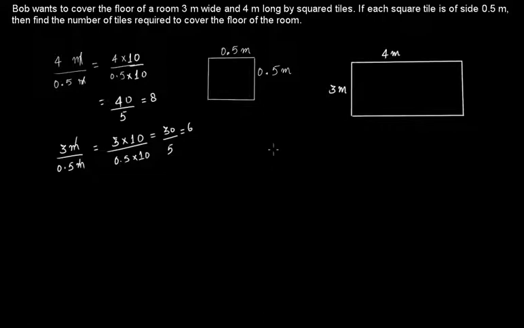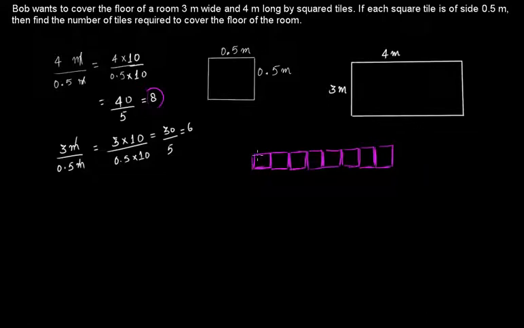So what you will get, this 8, I'm just drawing a rough diagram. This is the 1st tile, this is the 2nd tile, this is the 3rd tile, the 4th tile, the 5th, the 6th, the 7th, the 8th tile.